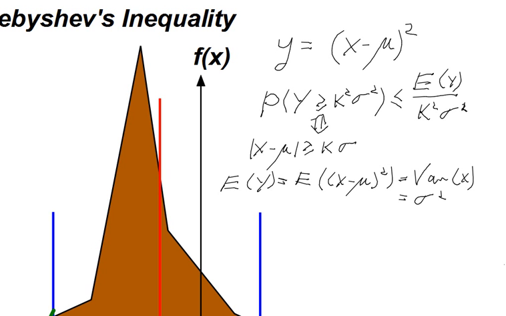So what we get here is that this expression is sigma squared divided by sigma squared, so we are just left with 1 over k squared. So finally, combining all of these together, we get that the probability that the absolute value of x minus mu is larger or equal to k sigma is smaller or equal to 1 over k squared. Okay, so I hope this helps.